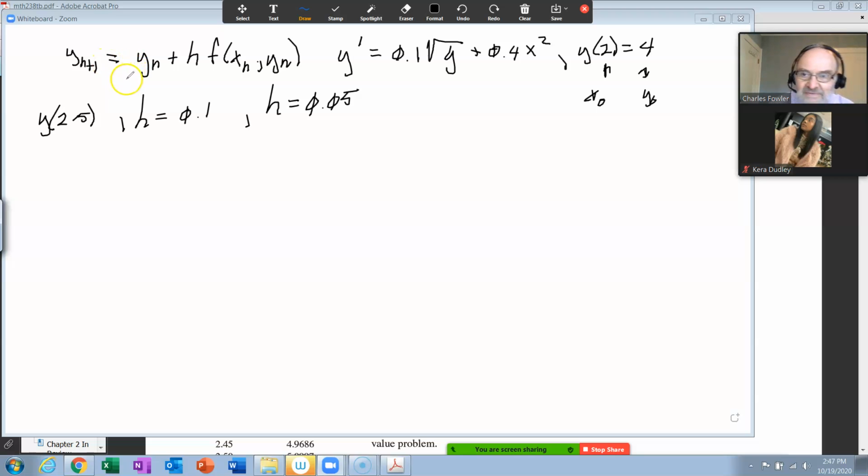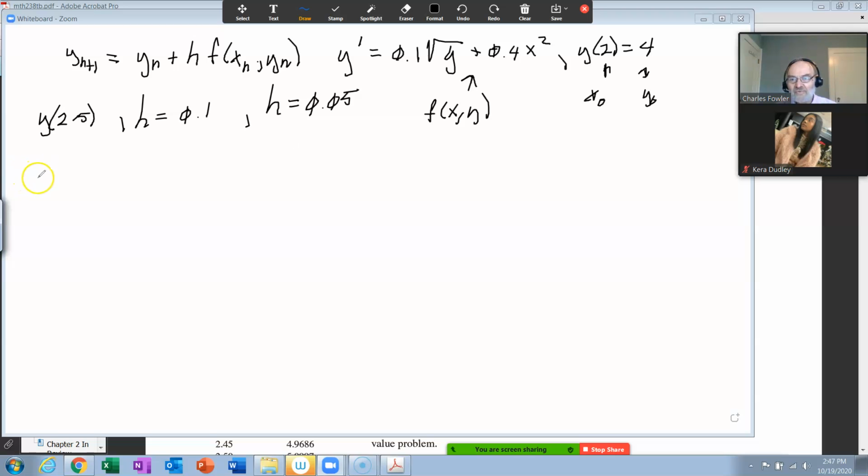So this thing right here is your f of x, y. That is your right hand side. That's what your derivative is. That is your slope.